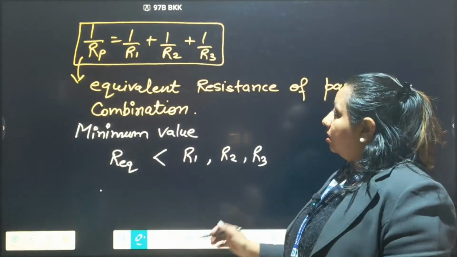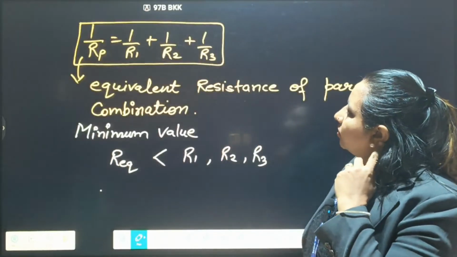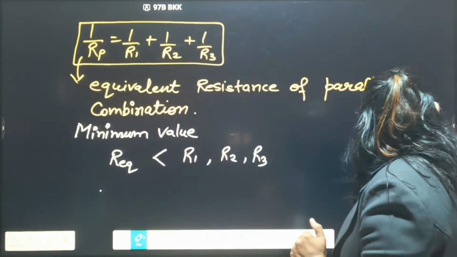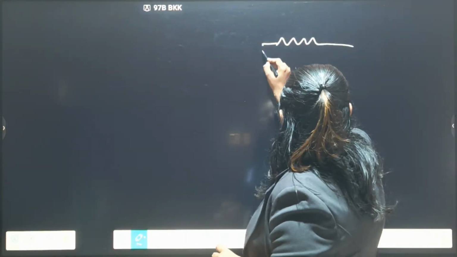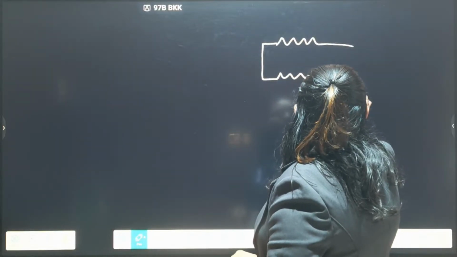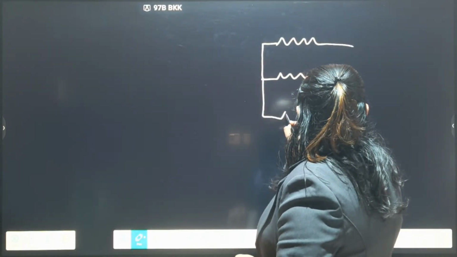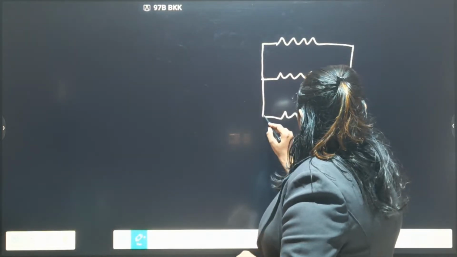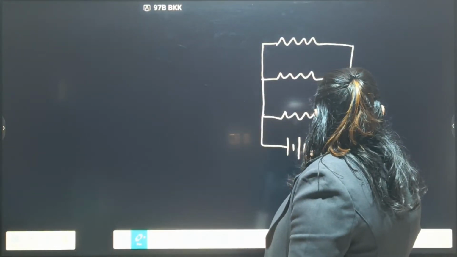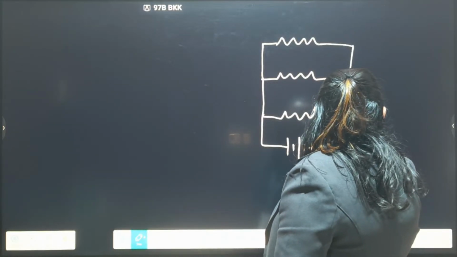So suppose if we have the 3 resistors, ठीक है, connected with a battery and a key.